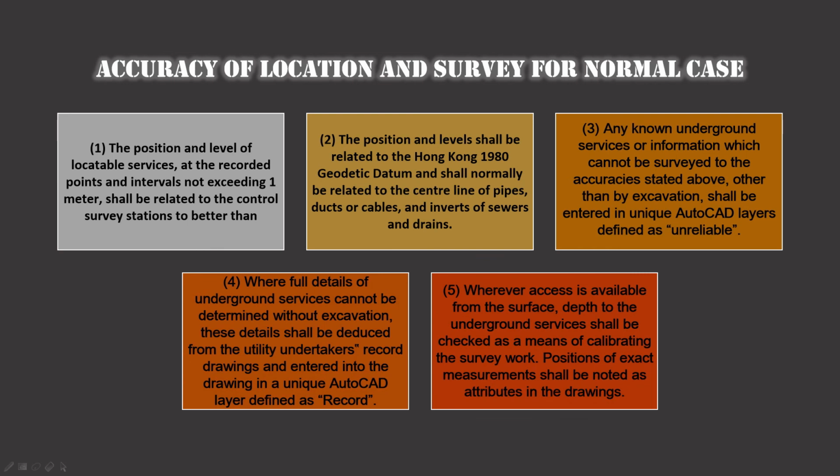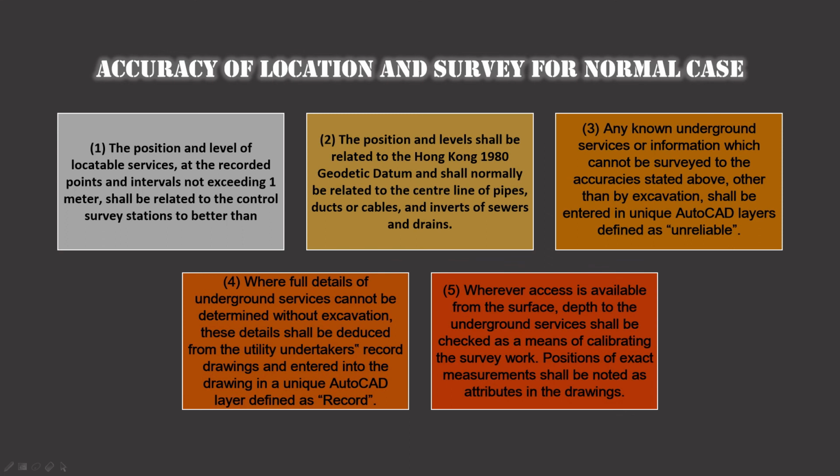Third is any underground service information which cannot be surveyed to the accuracy stated above, other than by excavation, shall be entered in a unique AutoCAD layer defined as unreadable. Fourth is where full detail of underground survey cannot be determined without excavation.